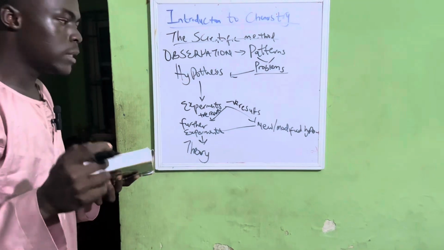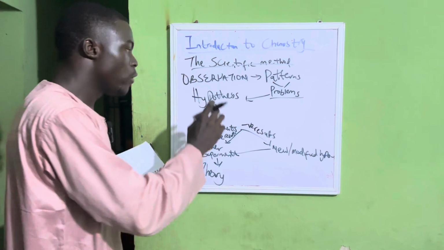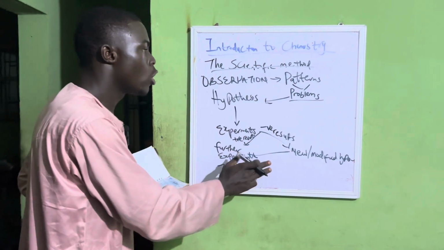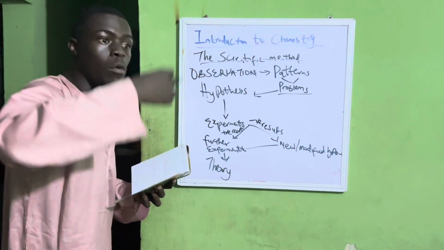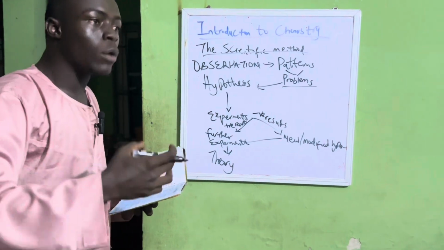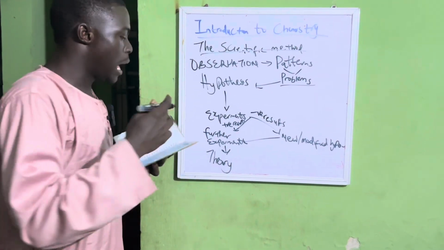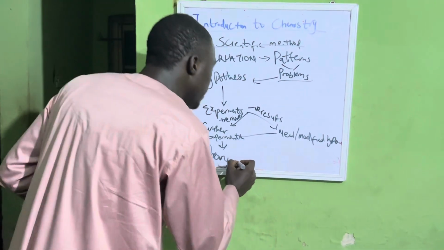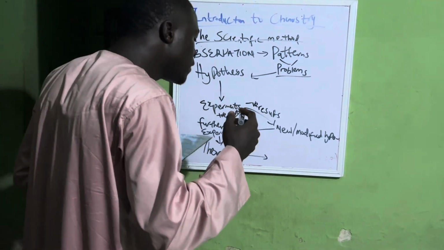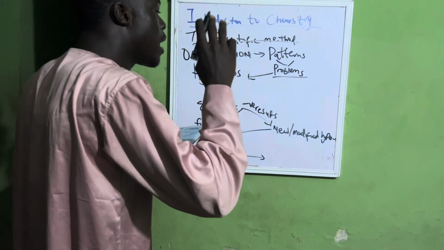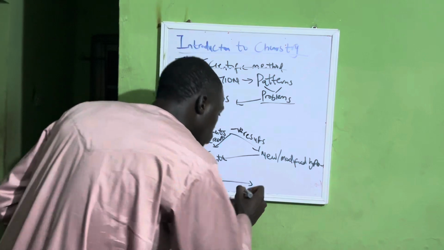Before you have a theory, if you have positive results all through, you are going to have continuous experiments. You are going to do your first and second experiments continuously, and a theory that has been proven and extensively tested, and has given us positive results every time, is what we know as a law.